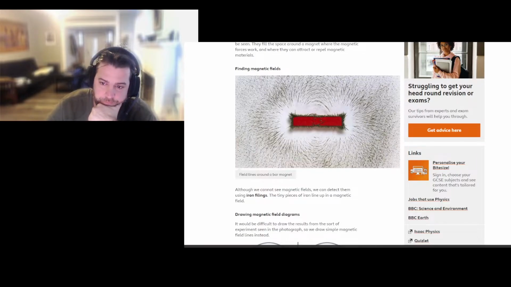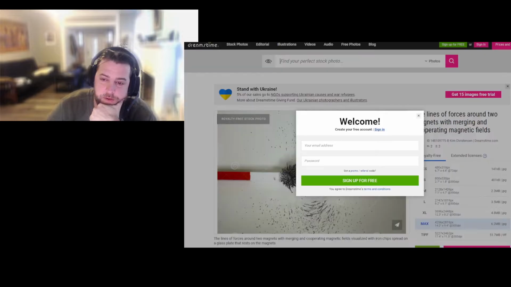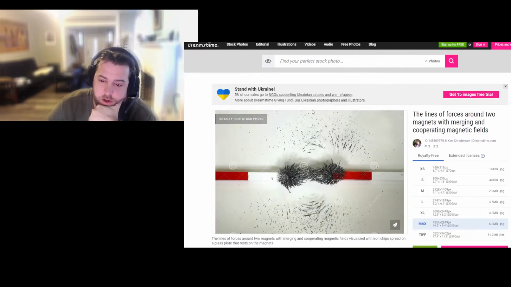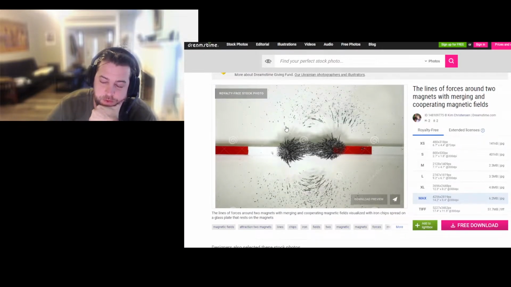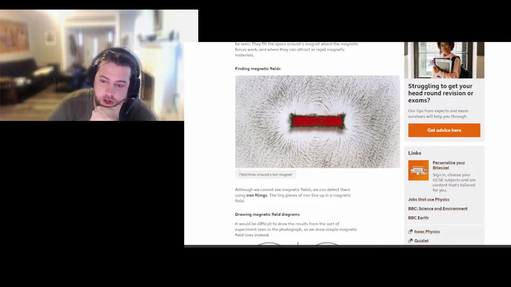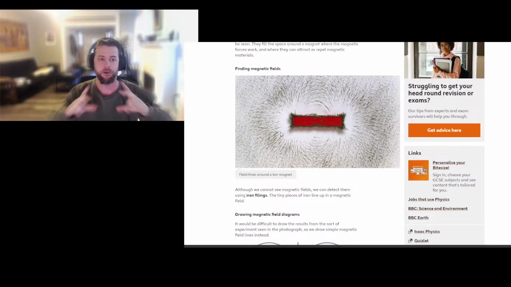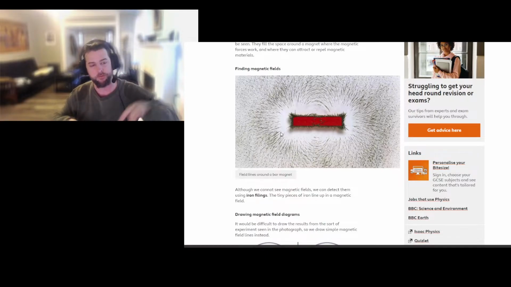I realized that when you have two magnets together, the magnetic field lines change. The other magnet changes and alters those magnetic field lines.